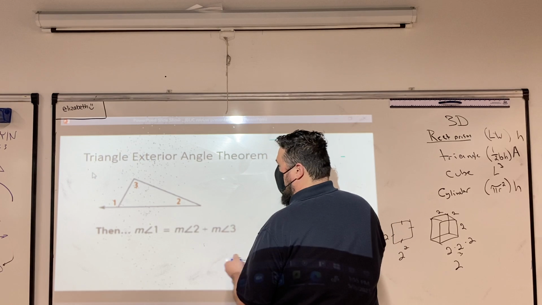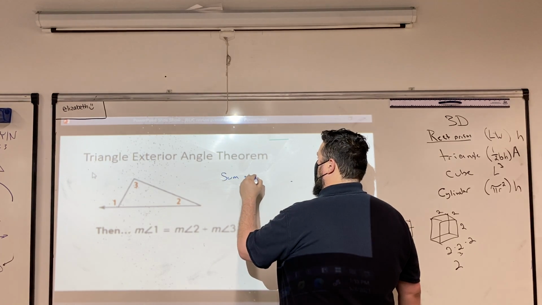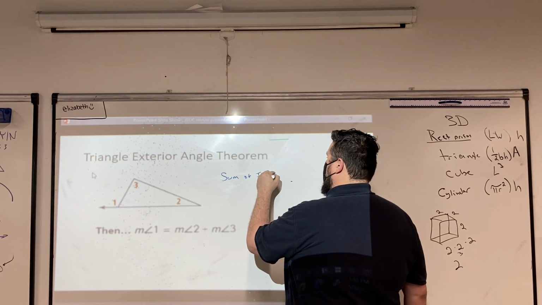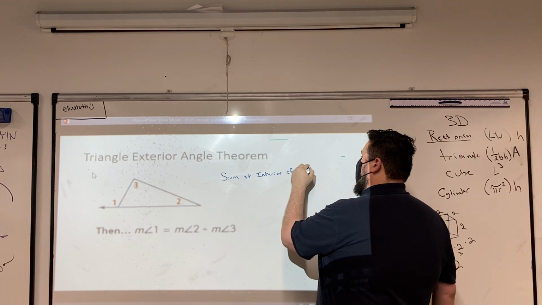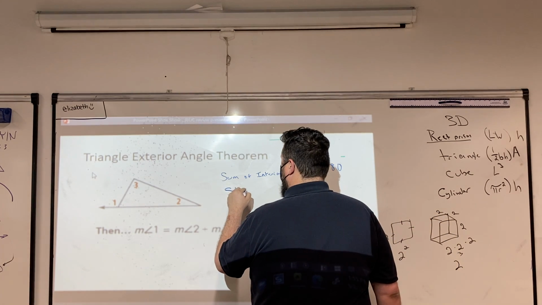All right, so let's ask this question. What is the sum of the angles that are interior of a triangle? 180. What's the measure of a straight angle? 180.